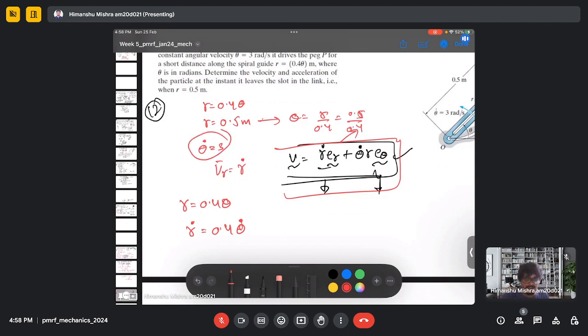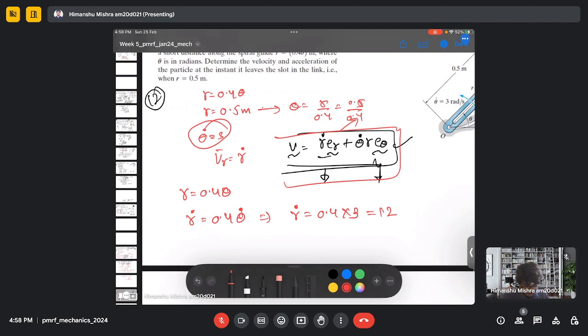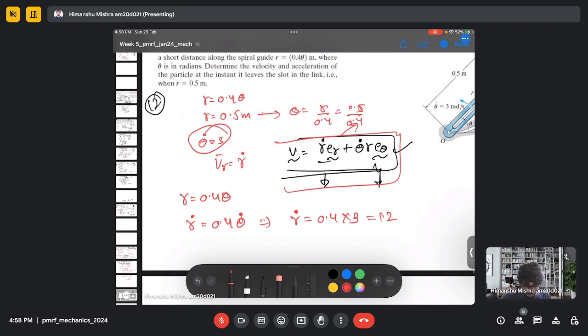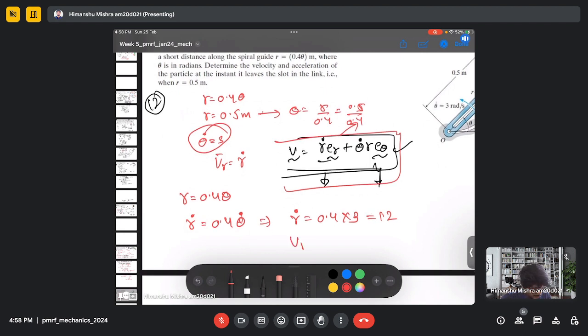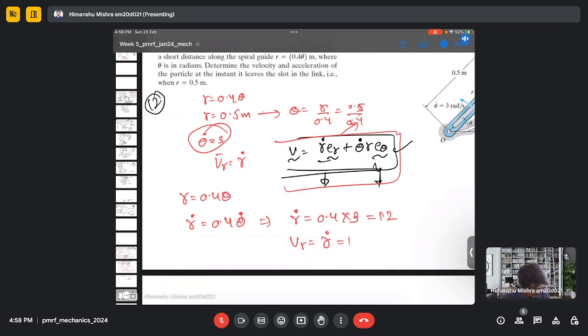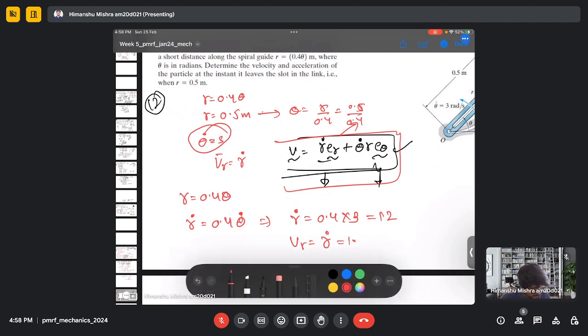And we have given the theta dot, which is 3. So my r dot is 0.4 multiplied by 3, which is 1.2. So my radial component of velocity will be r dot, which is 1.2 meter per second.